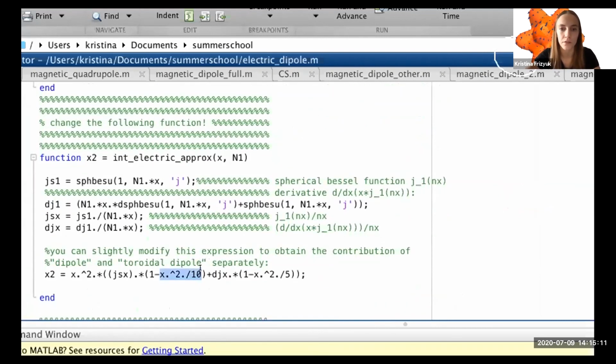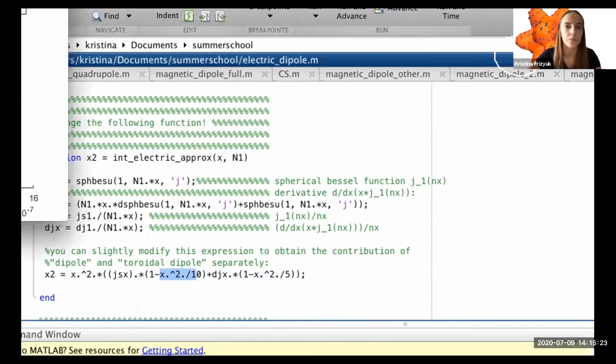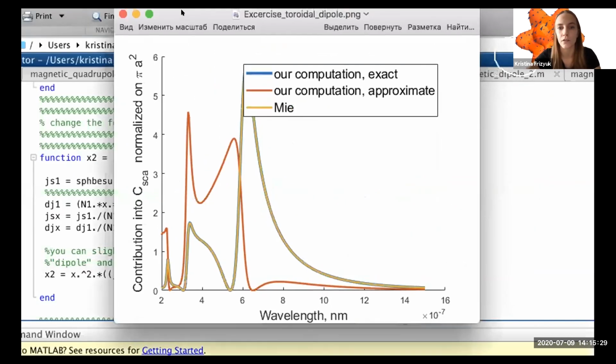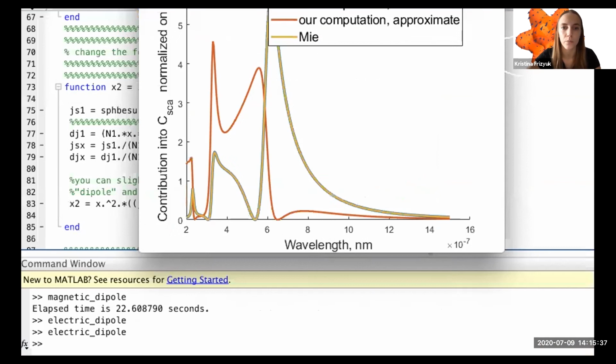These terms, this guy and this guy, are proportional to k squared. Wait a minute. Oh yes, I will now compute it also here, and then you can compare.